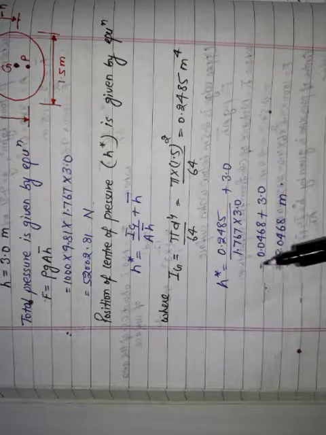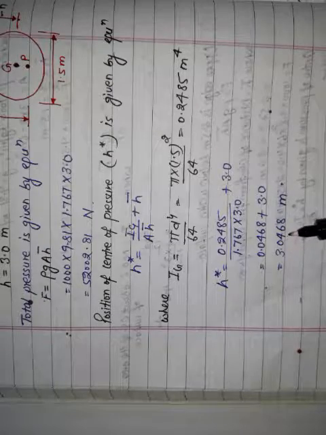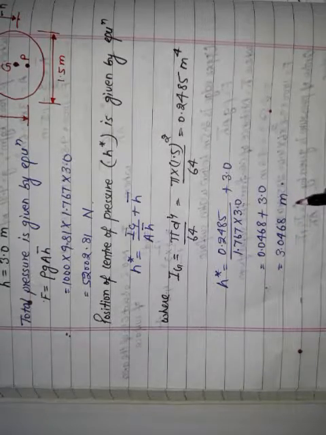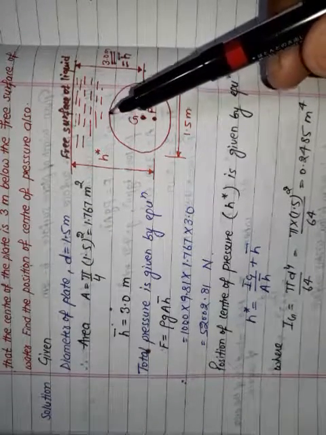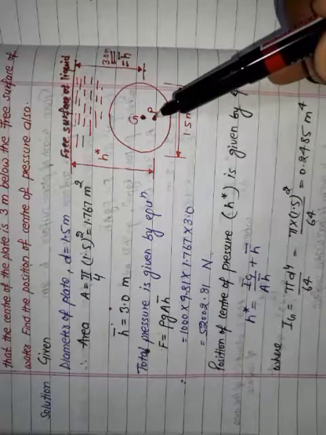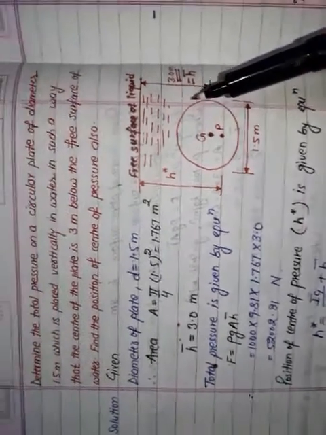So this fraction is equal to 0.0468 plus 3, and finally h star equal to 3.0468 meter. So we can say the point P lies at a distance of 3.0468 meter from the free surface of liquid.